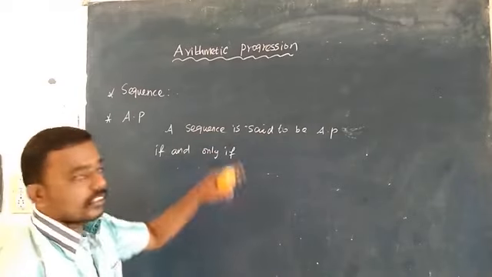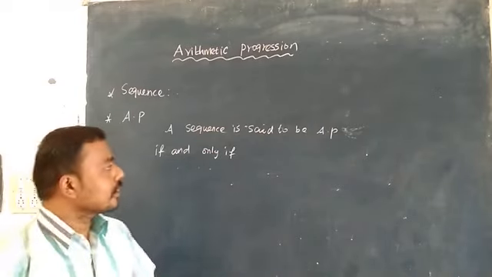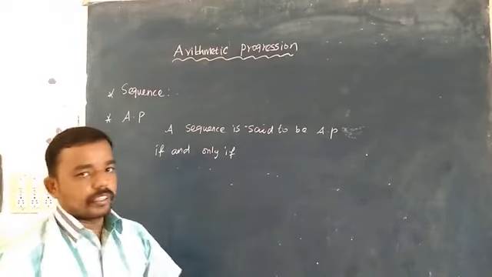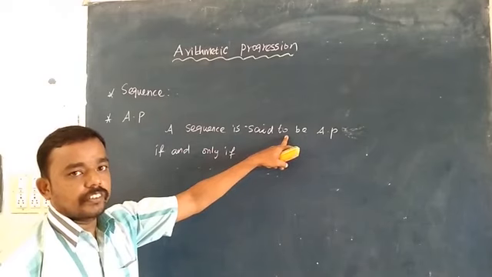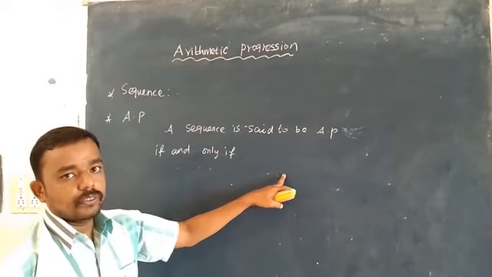That's why it's called a sequence. In that sequence we need to tell the arithmetic progression. What is meant by if and only if? This condition is satisfied for your answer also.